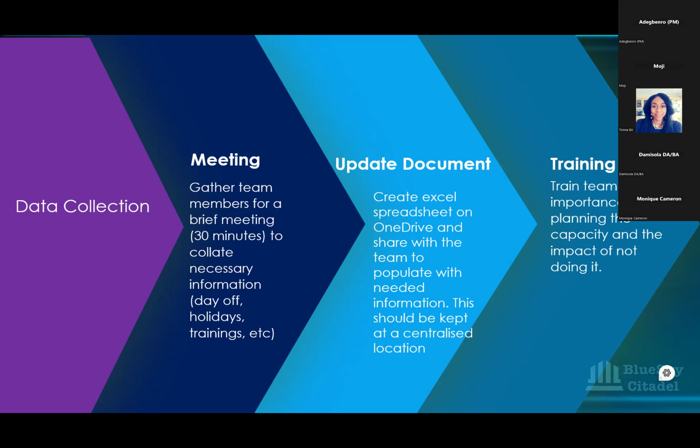You definitely will have an agreement to say, okay, use dark brown for when you're on holiday, use maybe light blue for when you're on training, and things like that. So you color code it so that when you're looking at it, you can see, oh, this person is going on holiday for 2 weeks.